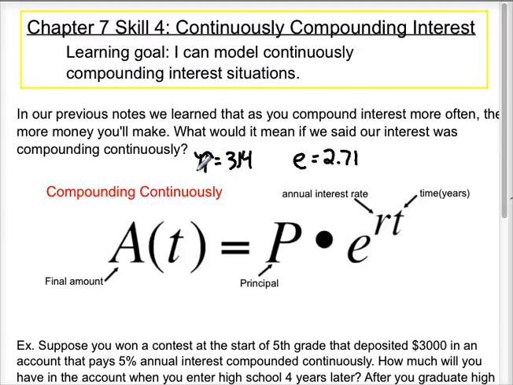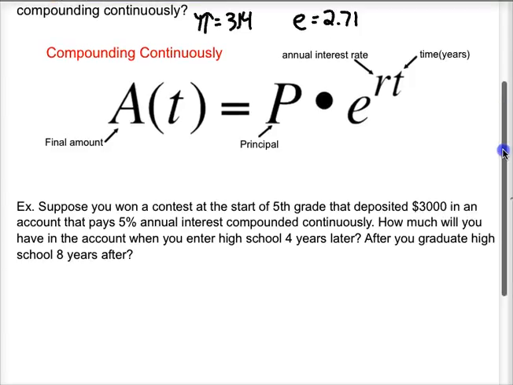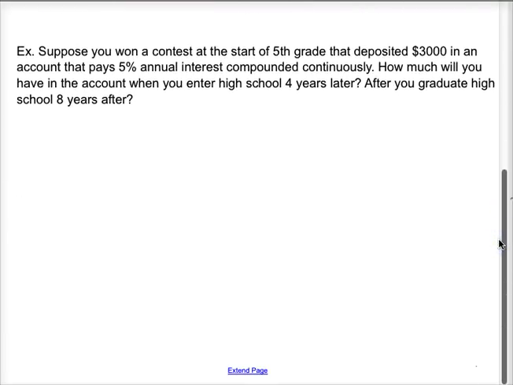It's another one of those special constants that was made for this purpose, just like pi was made for circles. So the key here is we're looking for when it says compounded continuously. That's how we know to use this formula.